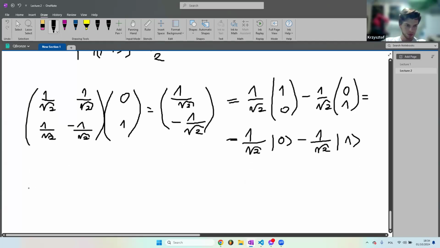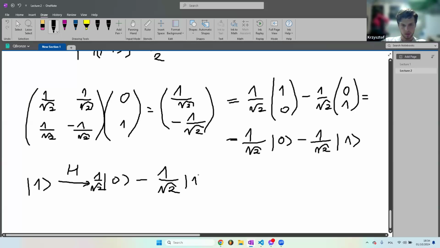Okay, so to review, the state 1 is transformed through the Hadamard gate into 1 over square root of 2 times 0 plus minus 1 over square root of 2 times 1.